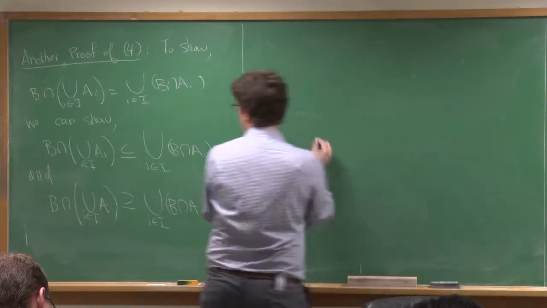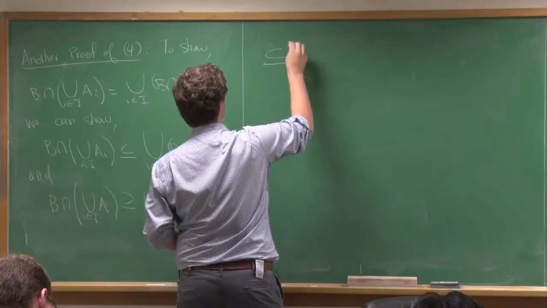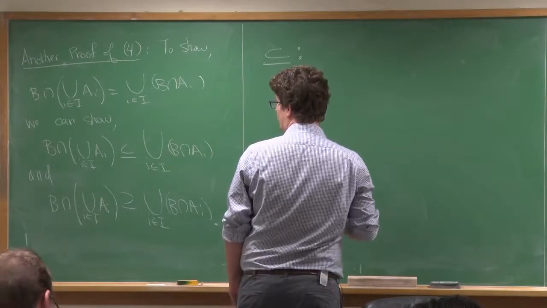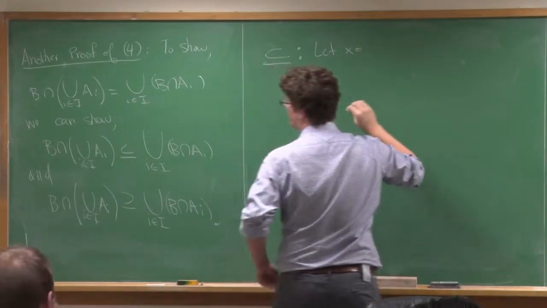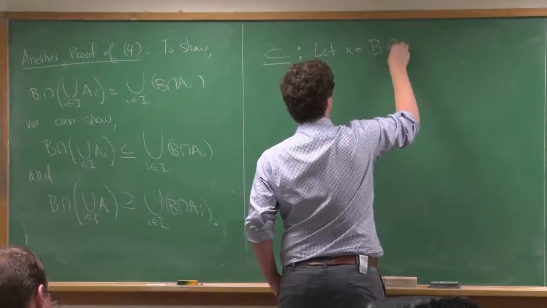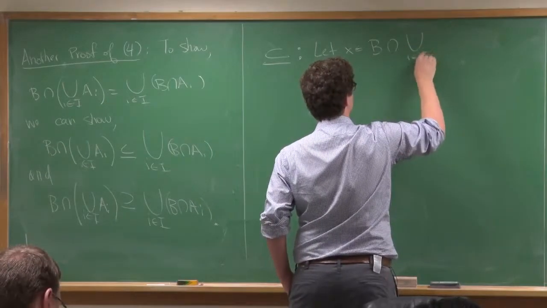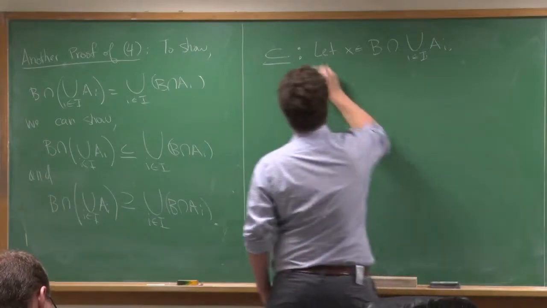Okay, so let's do the proof for the first inclusion. Let x be an element of B intersect the union over i of A_i.